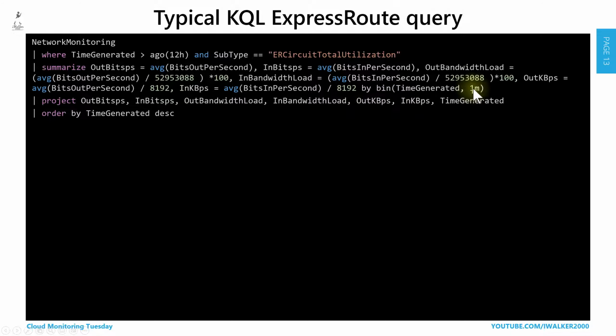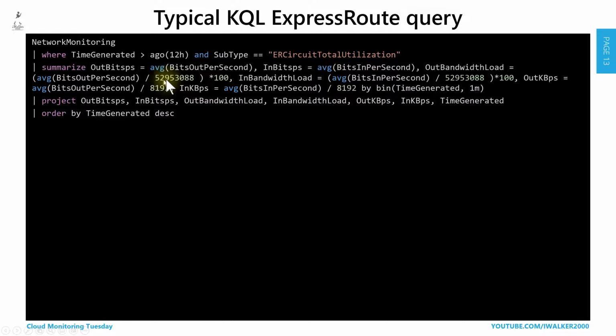And all of this is per each minute, so for the last 12 hours we can see the utilization of the bandwidth based on these numbers. It's again for a 50 megabits ExpressRoute.